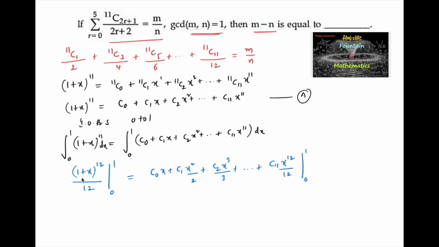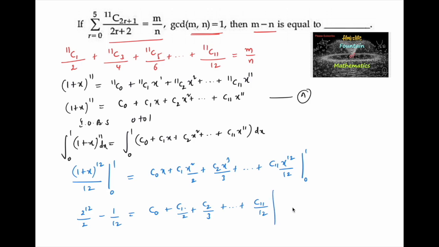Now applying the limits here, (1 plus 1), that is 2 power 12, divided by 12, minus (1 plus 0), that is 1 power 12 is 1, divided by 12, which is equal to C0 into 1 plus C1 into 1 by 2, and here we can write C2, 1 cube is 1 upon 3, plus and so on, C11, 1 power 12 is 1 divided by 12.